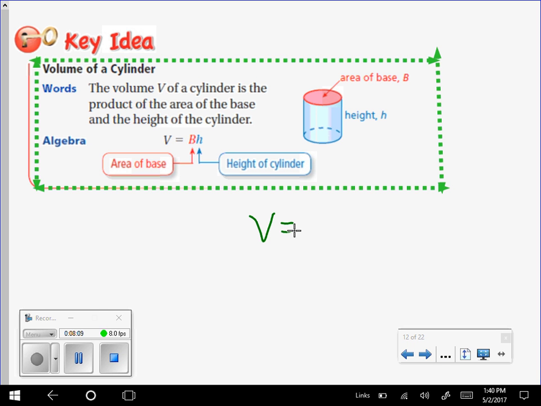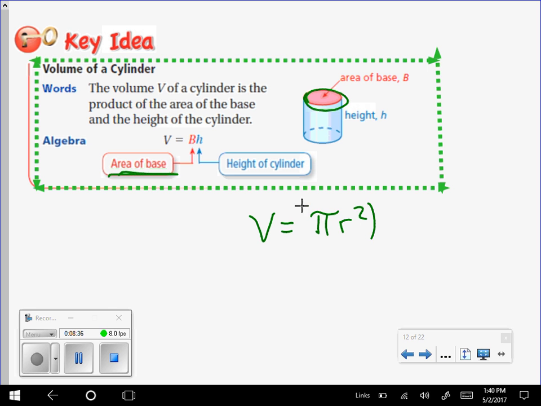So when we're looking for the volume of a cylinder, we're actually going to be using the area of the base. The base of a cylinder is going to be a circle. So really what this B is standing for is going to be pi r squared, because that's the area of a circle.